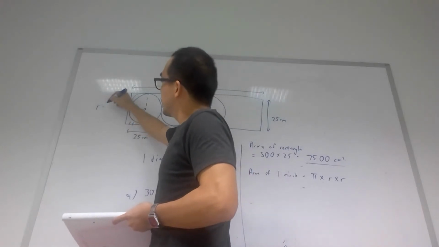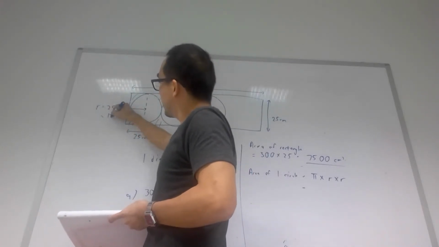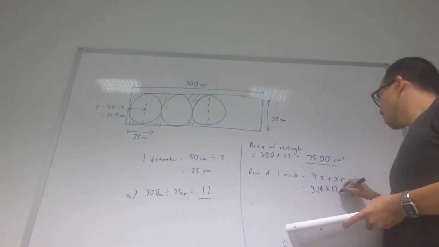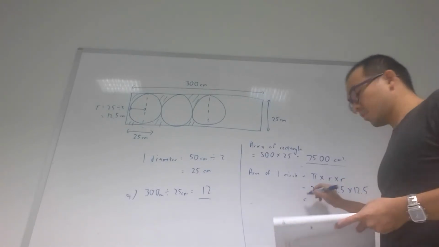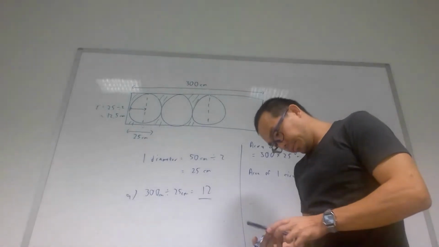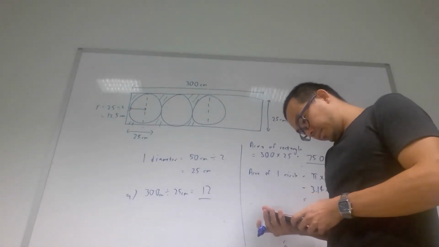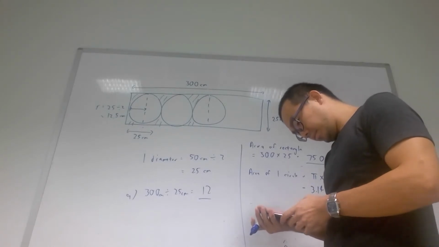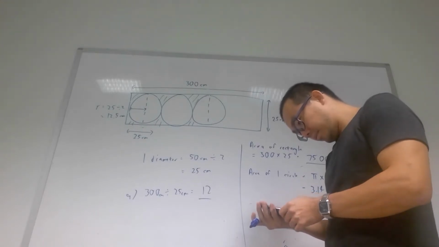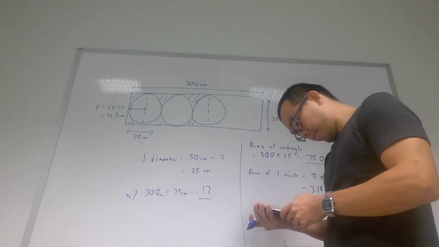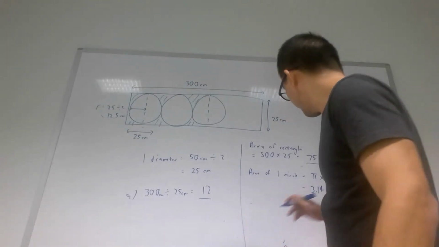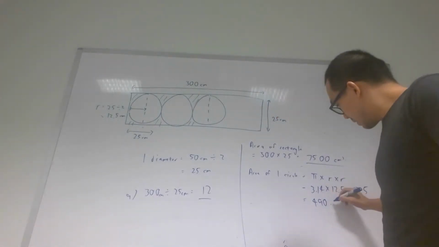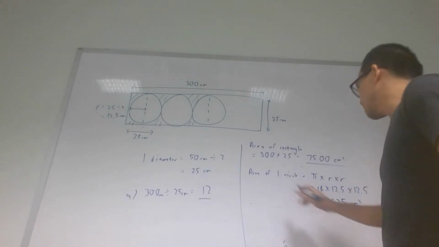So radius equals 25 divided by 2, 12.5 centimeters. Equals 3.14 times 12.5 times 12.5, equals 490.625 square centimeters. This is the area of one circle.